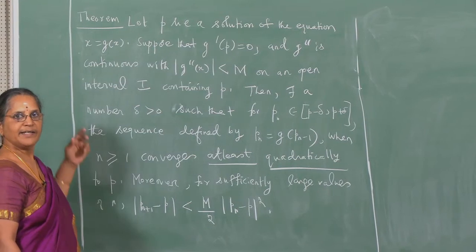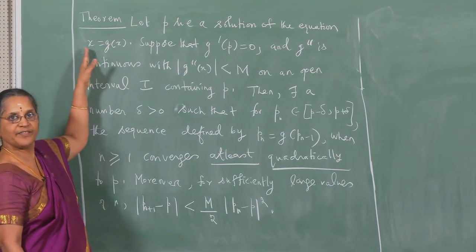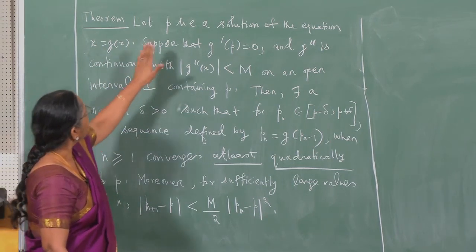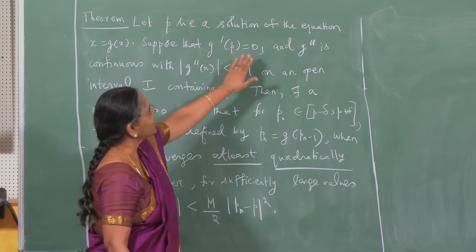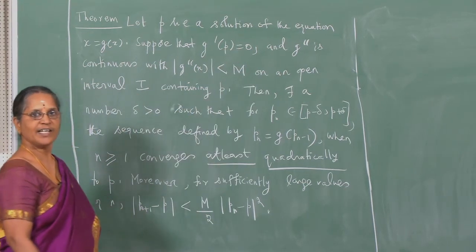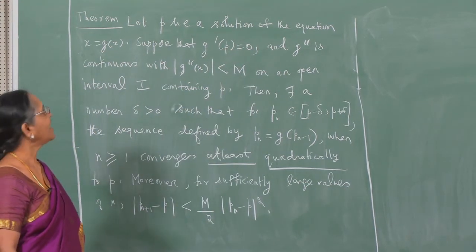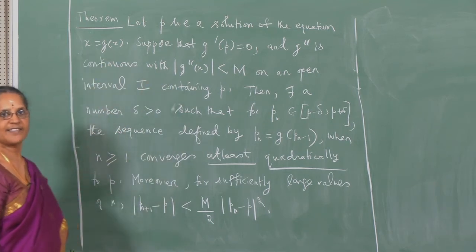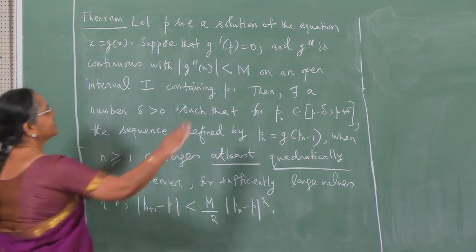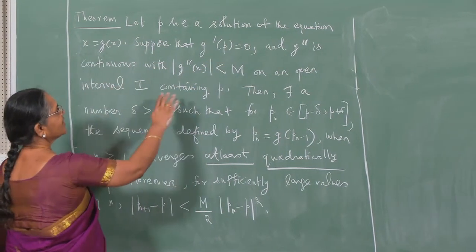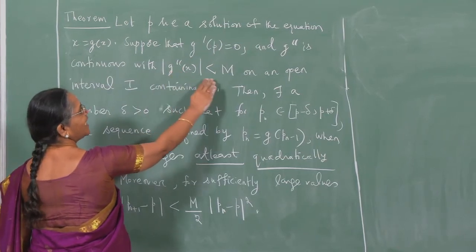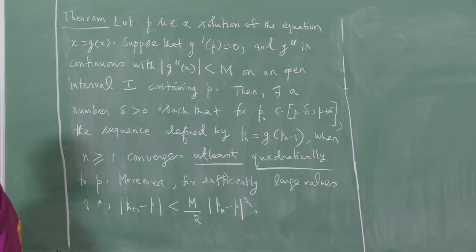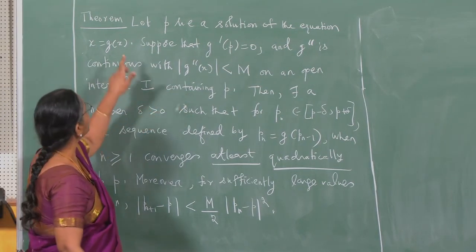What does that mean? g(p) is p, so p is a fixed point for the function g. In addition, g'(p) is 0. So, g is such that its first derivative vanishes at p, and its second derivative is continuous with |g''(x)| strictly less than M on an open interval I which contains this p.